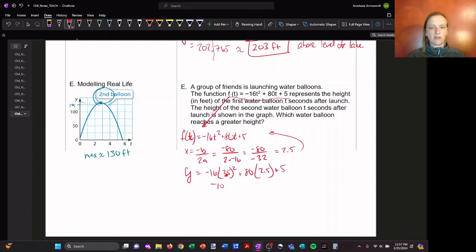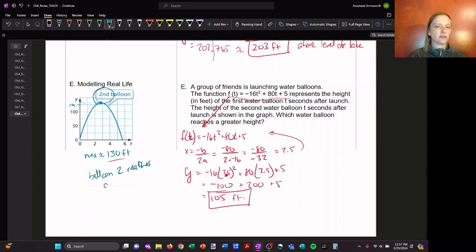And that's negative 100 plus 200 plus 5. So that works out to be 105 feet. So balloon number 1 goes 105 feet into the air. Balloon number 2 goes 130 feet into the air. And so we can see that balloon 2 reaches a greater height. I hope this helped.